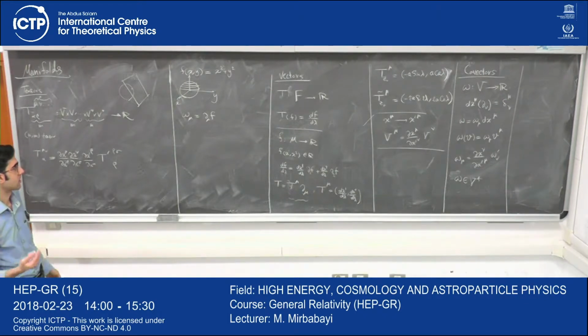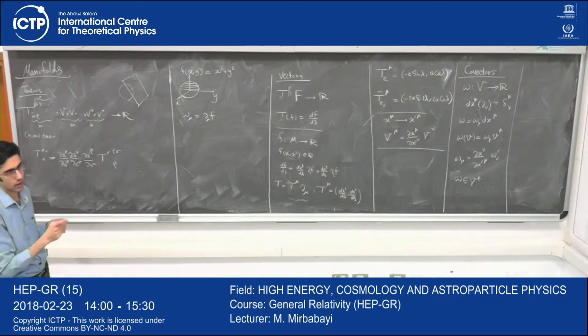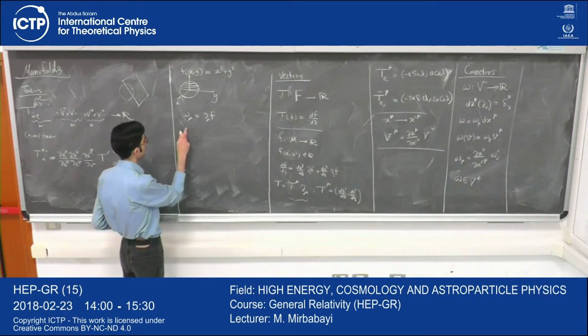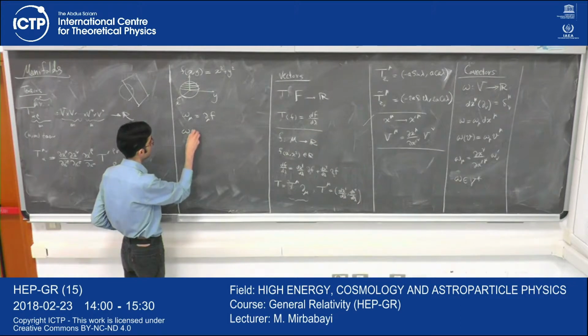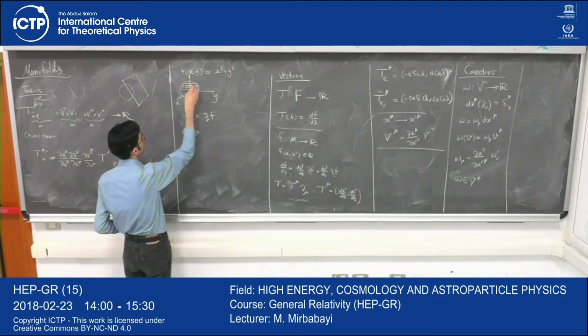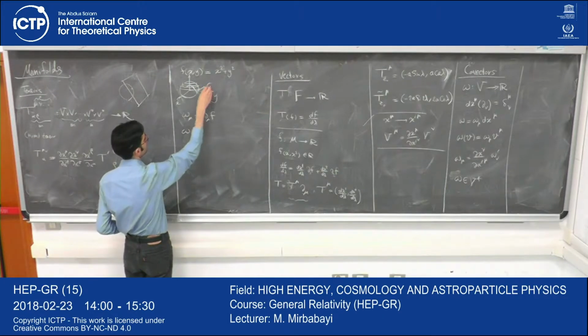So the same way that a curve gives you a vector, a function gives you a covector. Now when you talk about omega of v, let's say I have some curve C on this manifold, and these are lines of constant f.